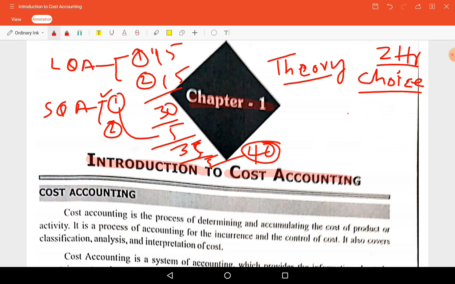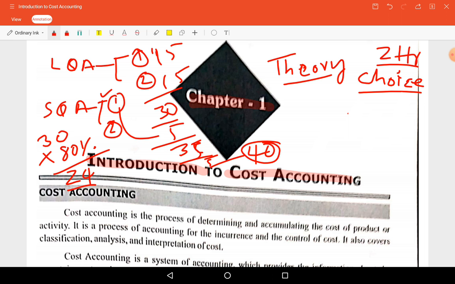So from this chapter you are getting 30 to 40 marks. Even if you get only 30 marks, short questions did not come, only long questions came. If they give 80% marks for this chapter, 24 marks you will get. 24 marks you are getting from this unit itself.